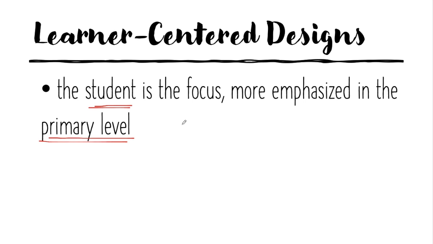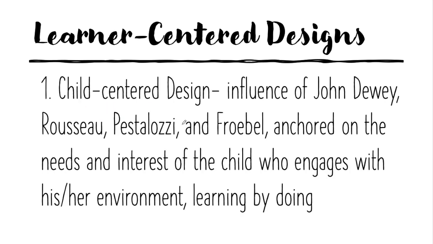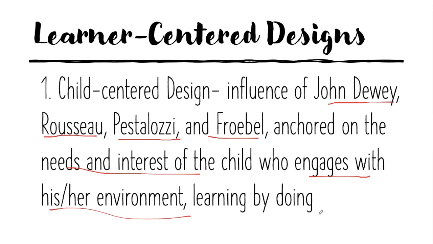Now we go to the specific types of this. The first one that we have is child-centered design. This is an influence of John Dewey, the father of progressivism, Rousseau, one of our naturalists, Pestalozzi, and of course Froebel, the father of kindergarten. This is anchored on the needs and interests of the child who engages with his or her environment and also pertains to learning by doing.